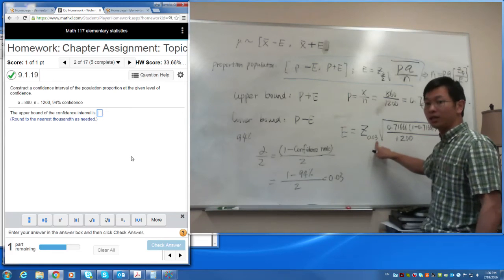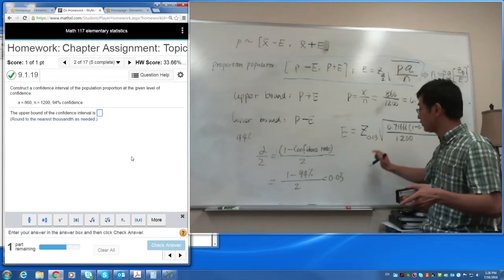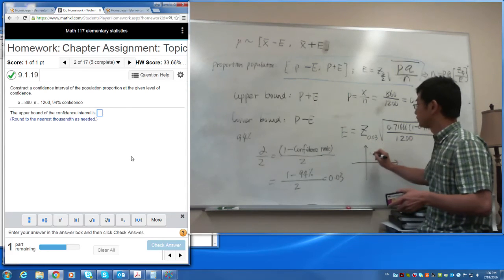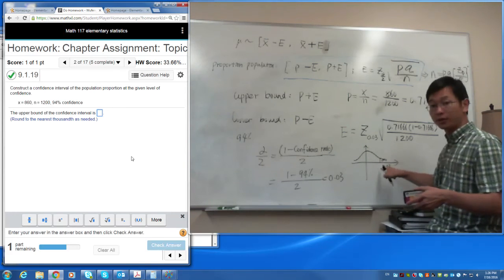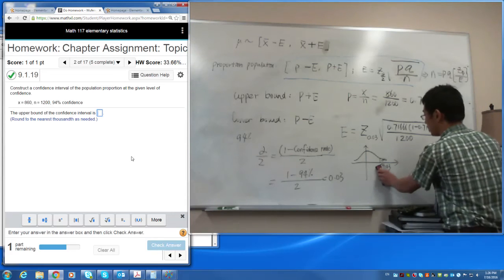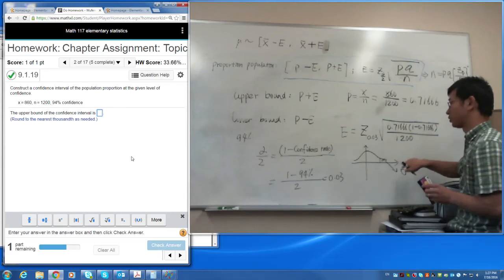Z 0.03 here does not mean 0.03 from the table. It actually means it leaves the area of 0.03 to the right. It always does that. It leaves 0.03 area to the right.